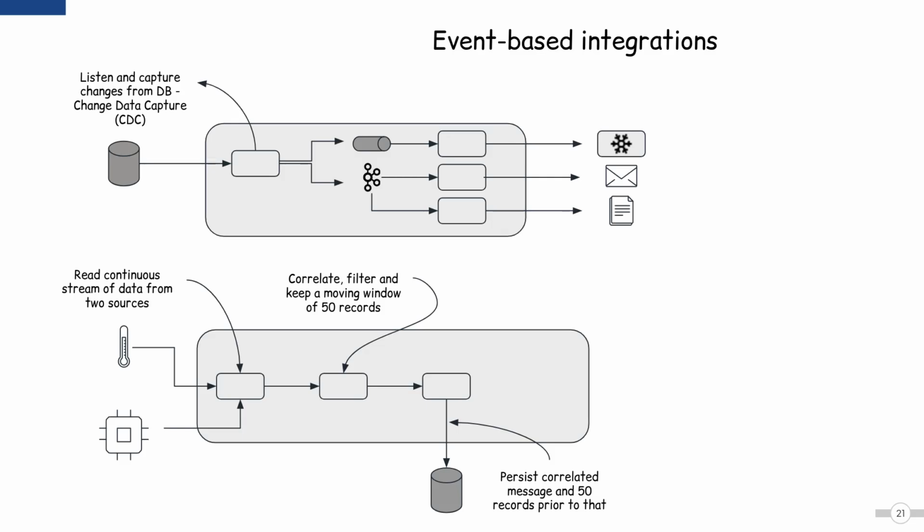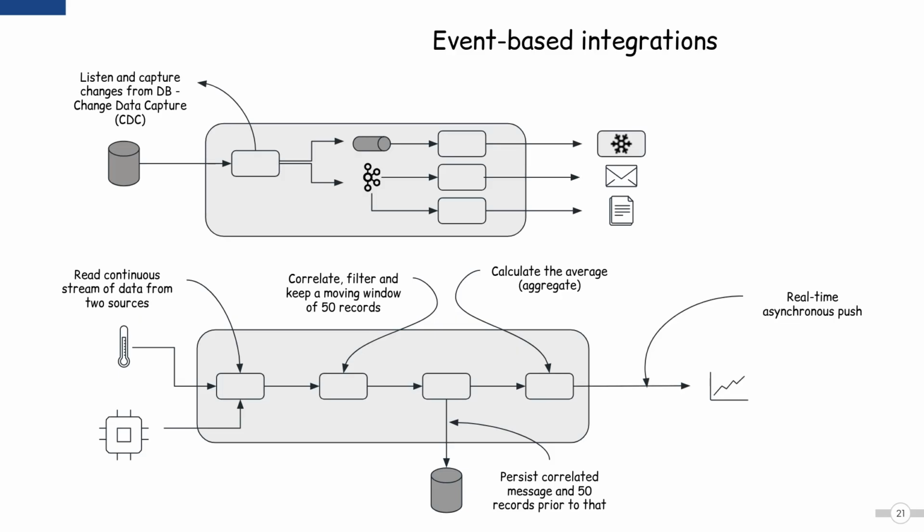Because these two different sources may pump in data at different times, right? So that's why you need to have some level of persistence involved as well. And then finally, when such a correlation happens, maybe you might want to do some calculation of the average of some particular fields of those 50 records, and then you want to send that particular average in real time to a dashboard. So all of this can be a pattern that you find in an event-based integration.